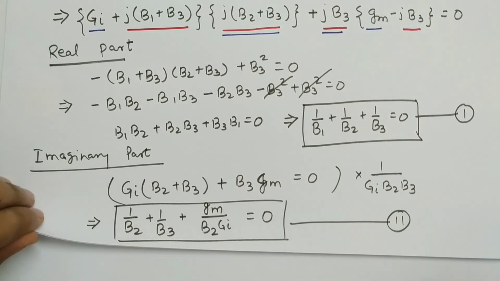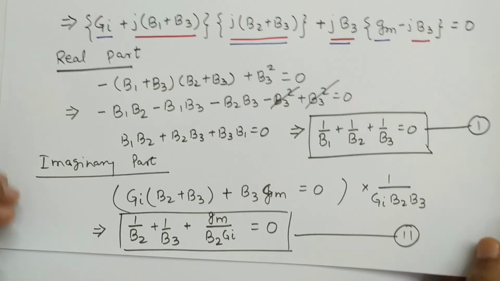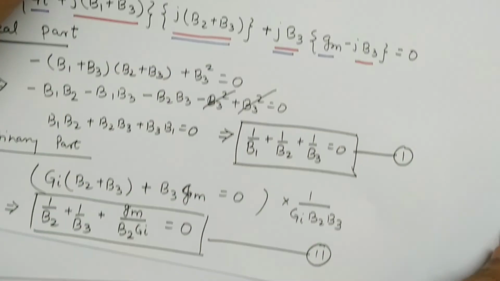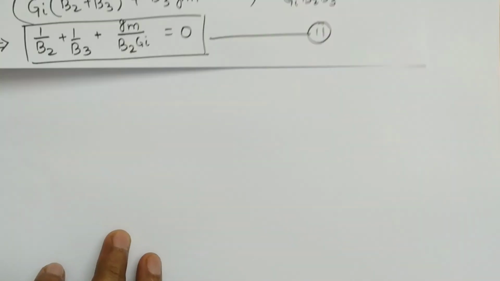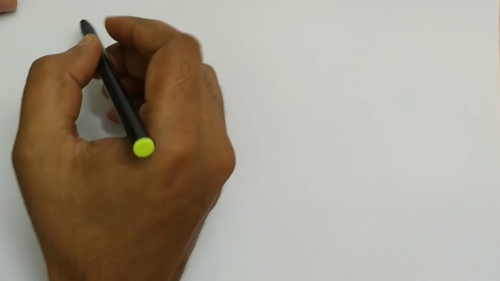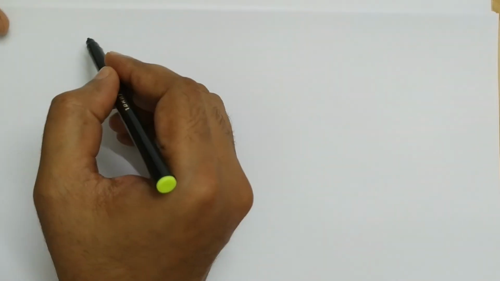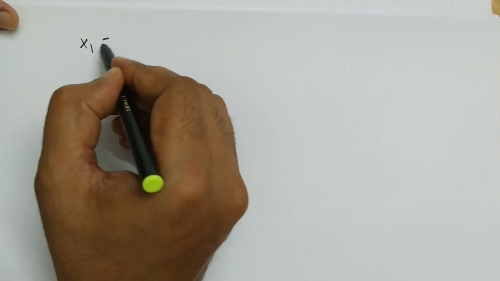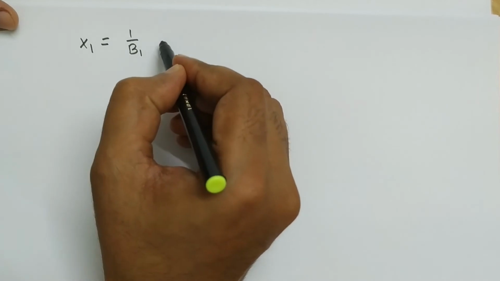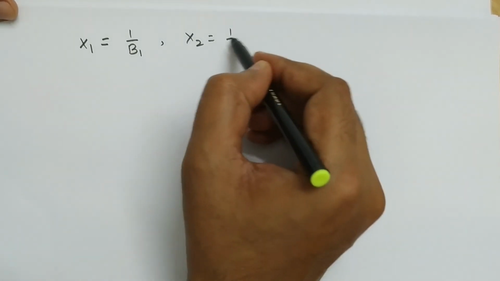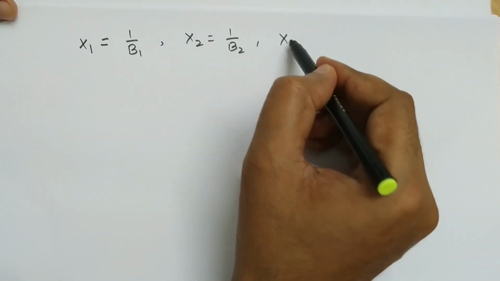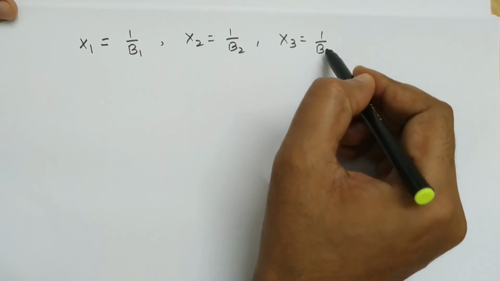So this is our second expression. As we have taken the susceptance as b1, b2, b3, we can take reactance as 1 by b1, 1 by b2 and 1 by b3. So let us assume that reactance is x1, which is 1 by b1, x2 is 1 by b2 and x3 is 1 by b3.